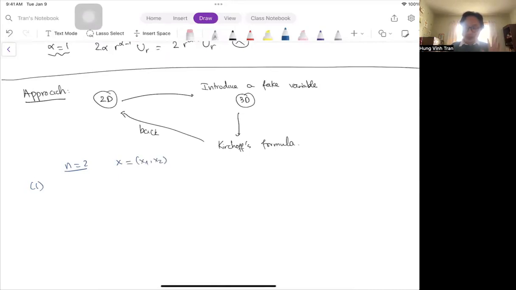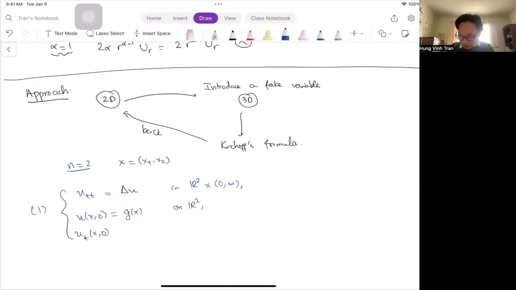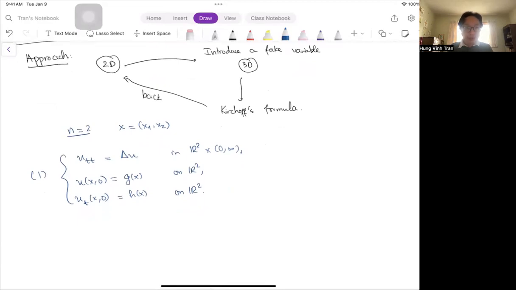Let me just put everything simply back: equation 1 would be u_tt equals the Laplacian of u in R2 times (0, infinity), u(x,0) equals g(x) on R2, and then u_t(x,0) would equal h(x) on R2. Okay, now as said, we just introduce a fake new variable x3 so that we are in R3.